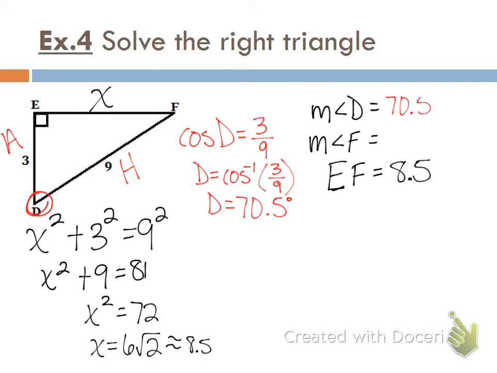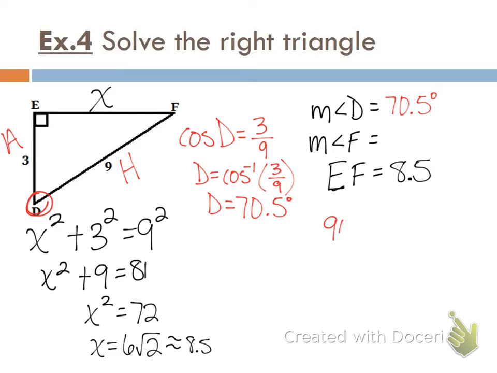Now, if you really wanted to, you could use angle F as a reference angle and use more trig, or you could subtract your 2 angles from 180, or just subtract your 1 angle from 90.